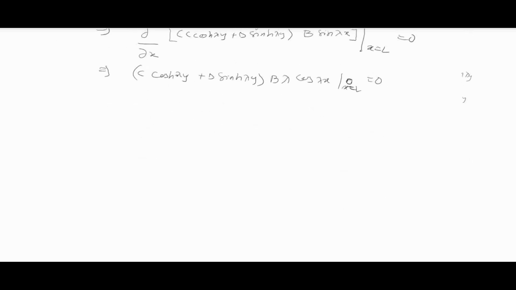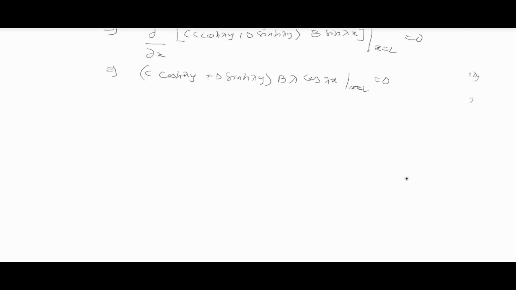Then next, replace x by L. What you will get? c cos h lambda y plus d sin h lambda y into b lambda cos lambda L equal to 0.